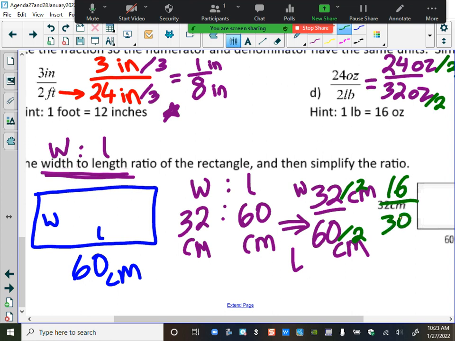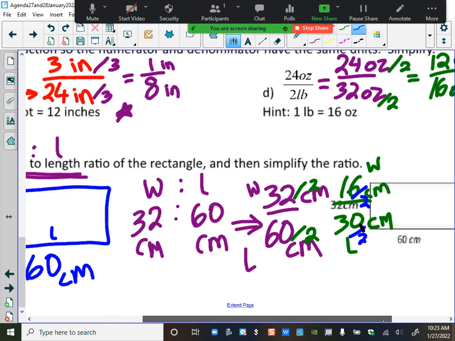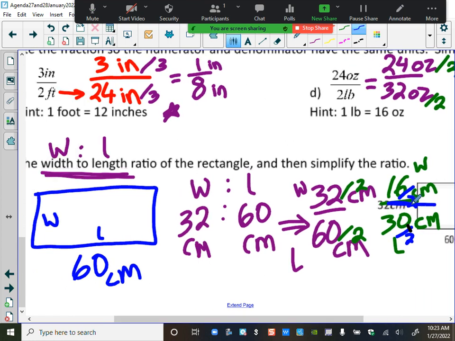So we can say width 16 centimeters, length 30 centimeters. Can we possibly simplify this fraction further? Yeah. What can we divide both 16 and 30 by? 2. It would be 8. 8 and what? 8 and 15. 8 and 15, that's right.